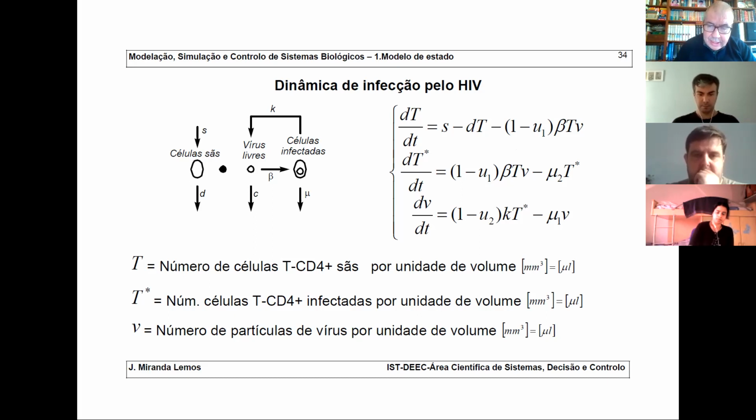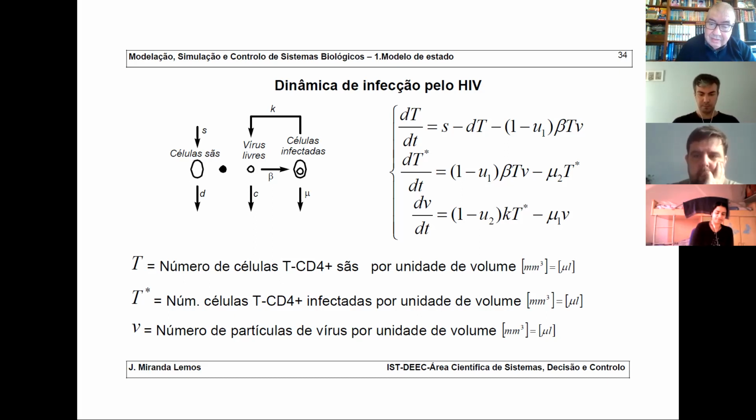So one thing is the amount of drug that you are taking. In Portuguese, the word for drug is fármaco, not droga, right? So you take some amount of drug.